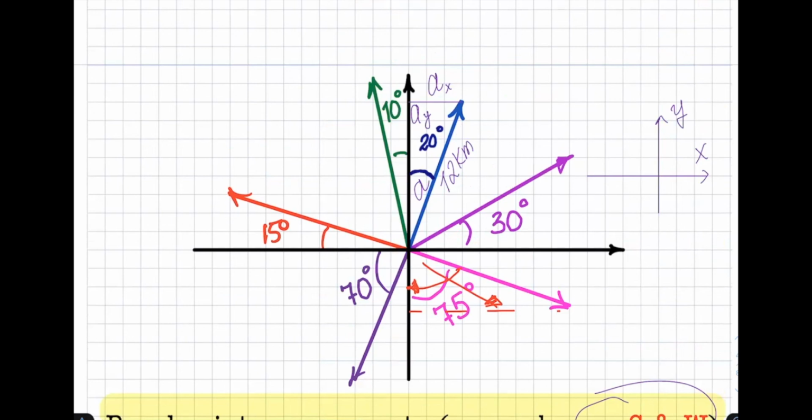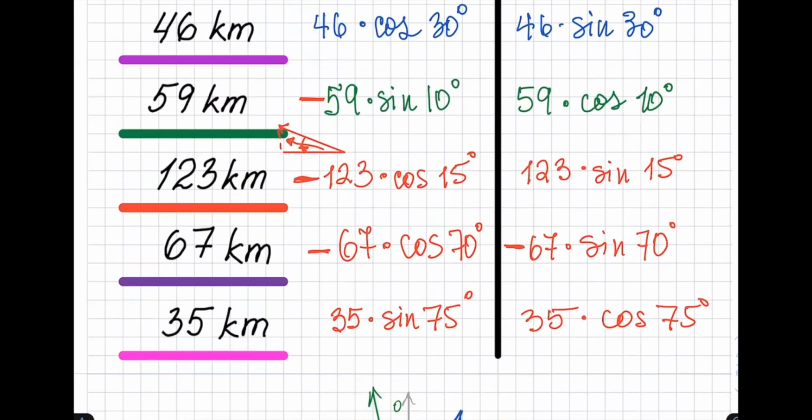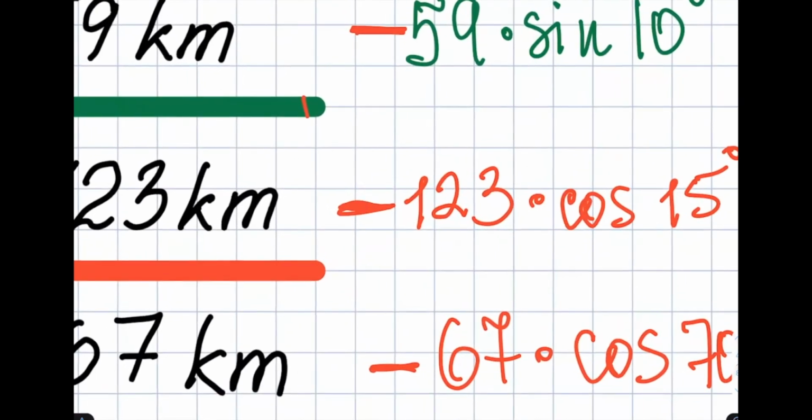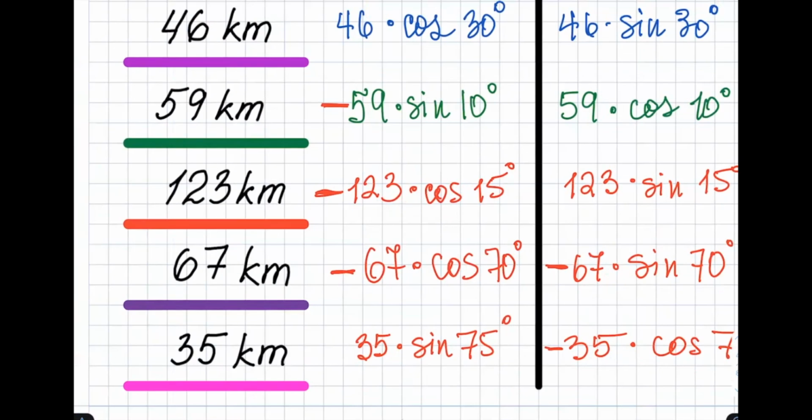So cosine of 75, because it's closing your eye right there, because that's your 75 right here, that's the corner of your eye. And you are going to say negative because it's pointing down. So negative 35 cosine of 75. Down and left, south and west are negative, and up and right, which is north and east, are positive.